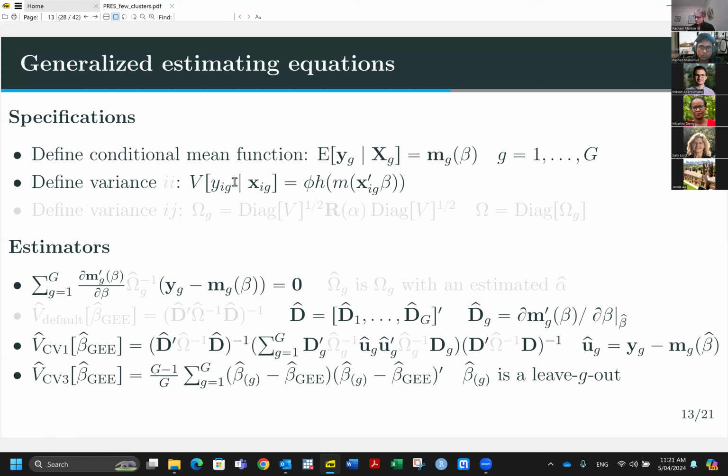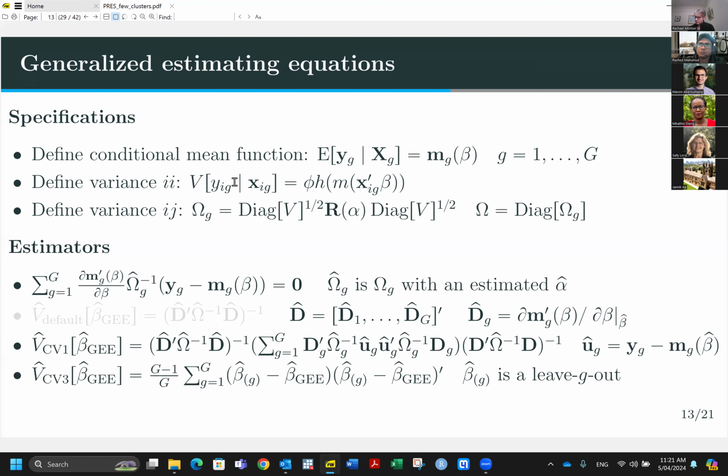But the other innovation of GEE is that they show that you actually can improve efficiency. You can make asymptotics kick in faster. You can reduce your standard errors if you also explicitly specify the variance-covariance matrix.